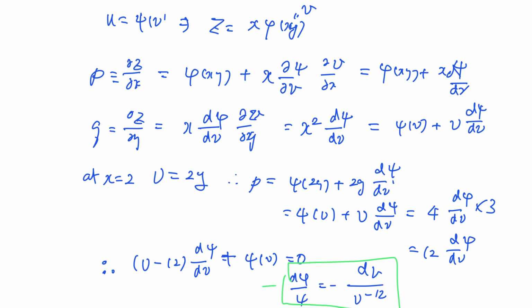Therefore ln psi plus ln of 3 minus 12 is constant.